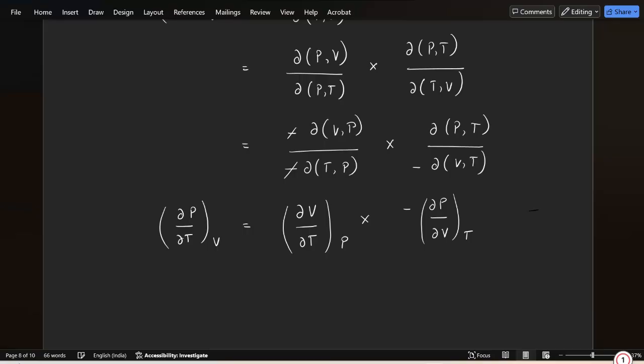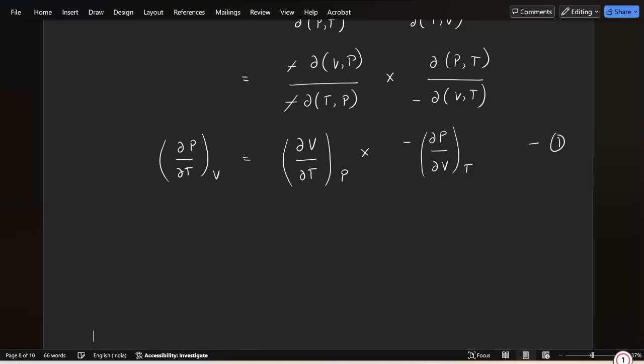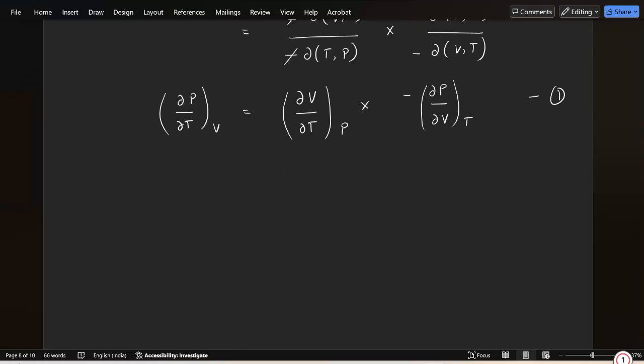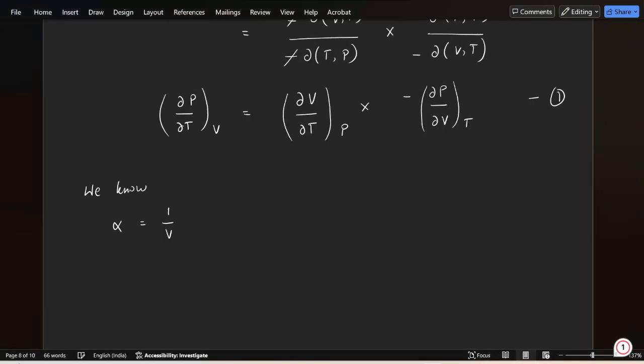Let me keep this as 1. Now what are these things? We know certain things. The isobaric expansion coefficient is 1 by V del V by del T at constant pressure.